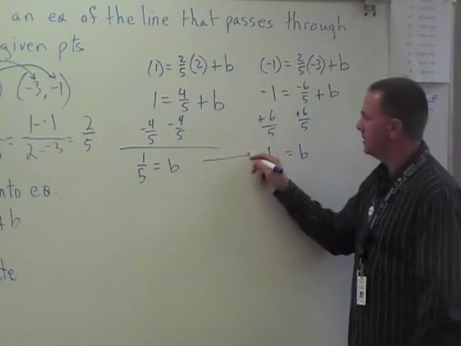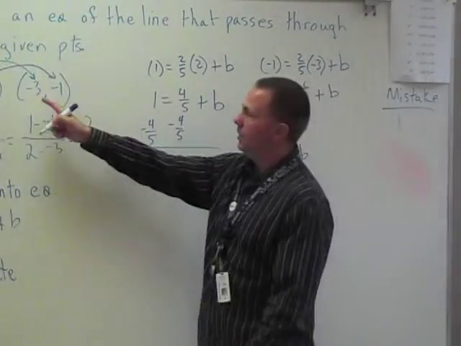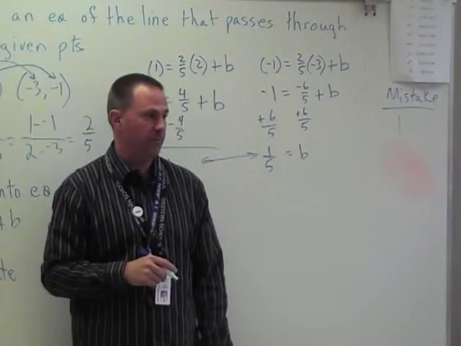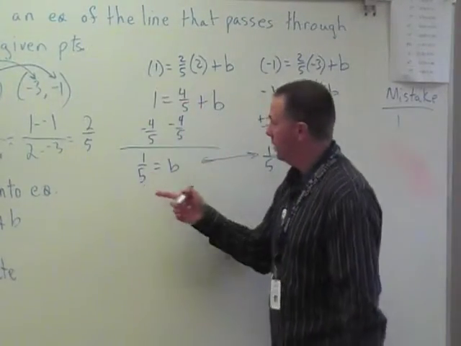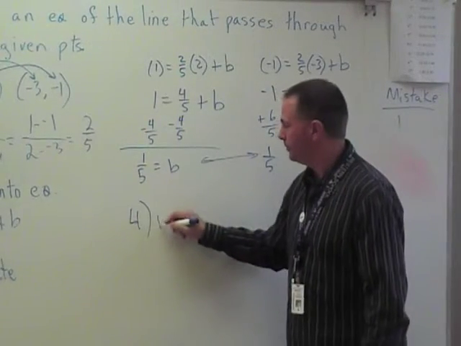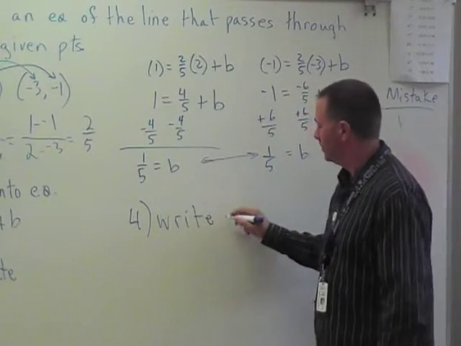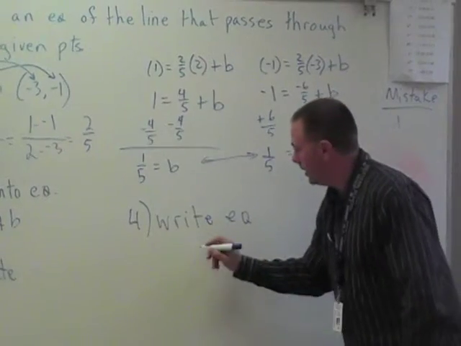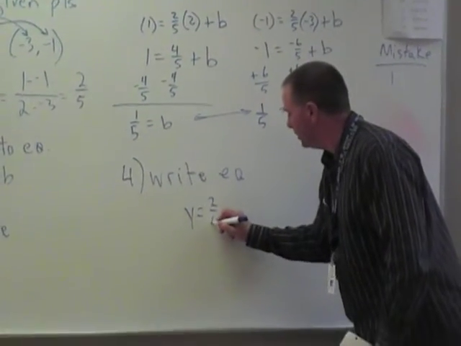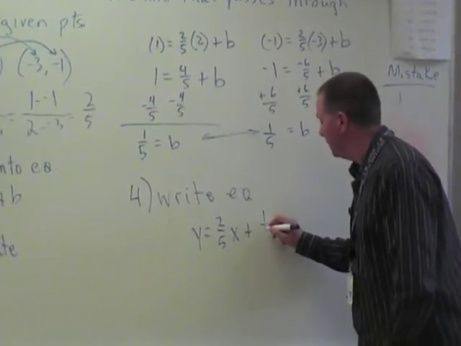So they are the same. It does not matter which point you choose on a graph. All right, now step 4 is write the equation, and that would be y equals 2/5 x plus 1/5.